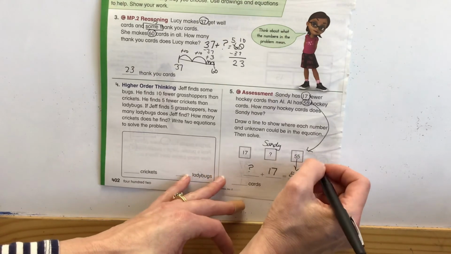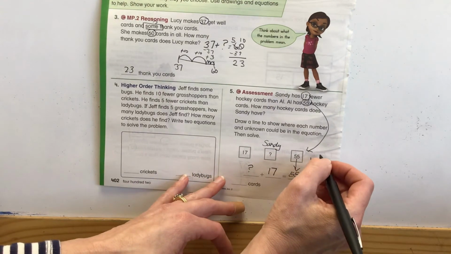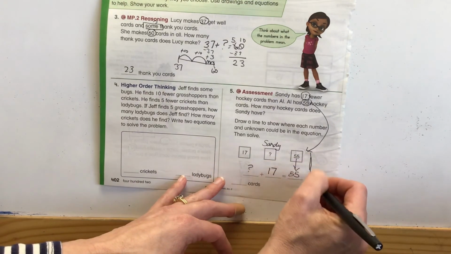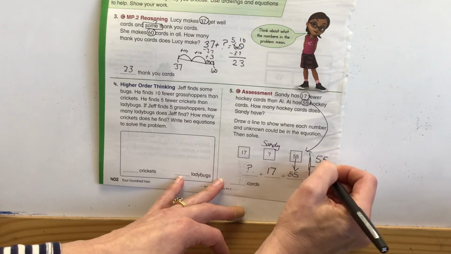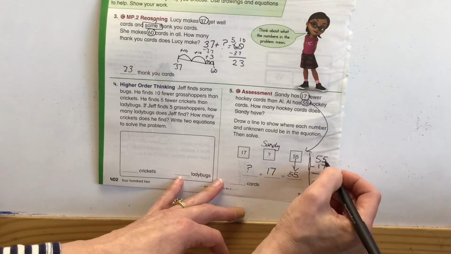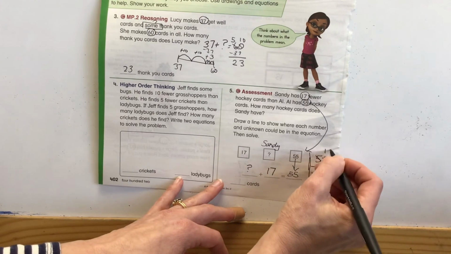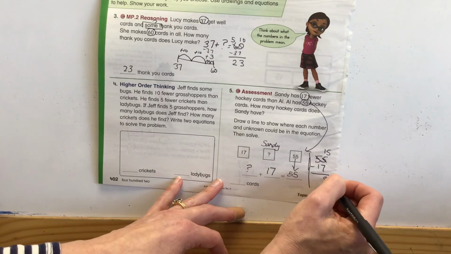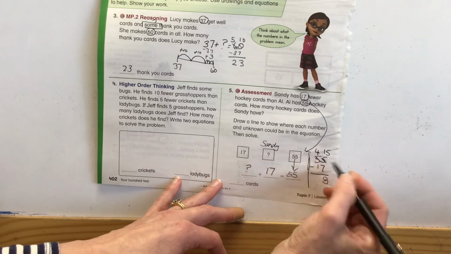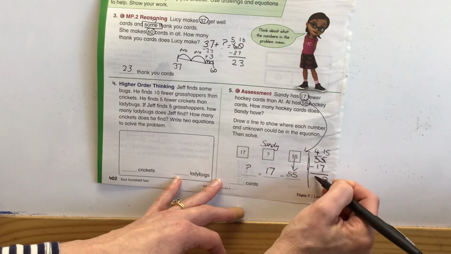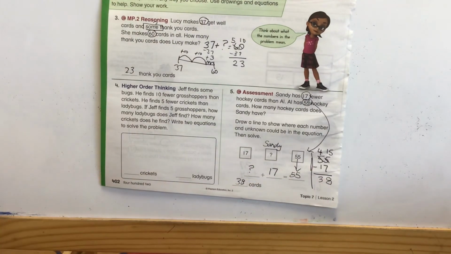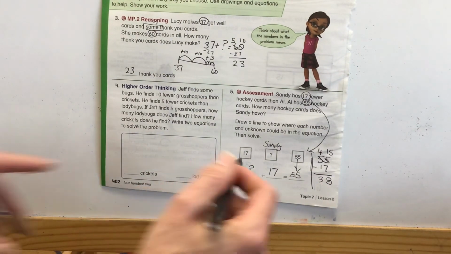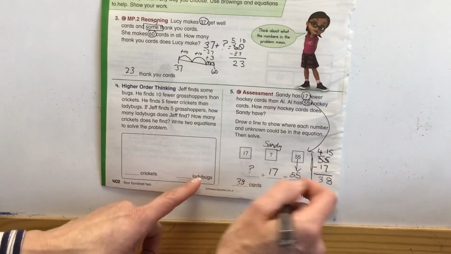So we can try to do a bar diagram, or what I would even suggest doing is over here, do 55 minus 17. So 5 minus 7 won't work. 15 minus 7 is 8. 4 minus 1 is 3, so 38. Another strategy that the students could use if they'd like to is something plus 17 equals 55.